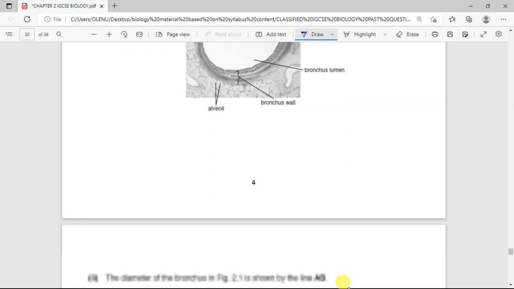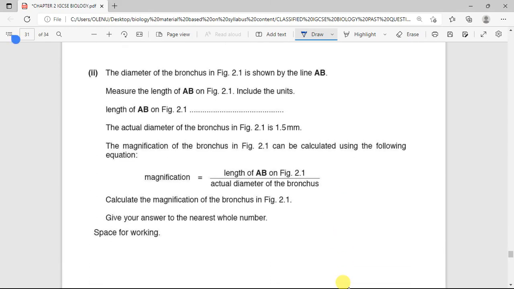The instruction will be given to you. This type of question comes up more in paper 6. They said the diameter of the bronchus in figure 2.1 is shown by letter A to B. Measure the length A to B on figure 2.1. Include your unit. Our advice to most students is to try as much as you can to make sure your measurement is in millimeters. So you get a ruler, length of AB.